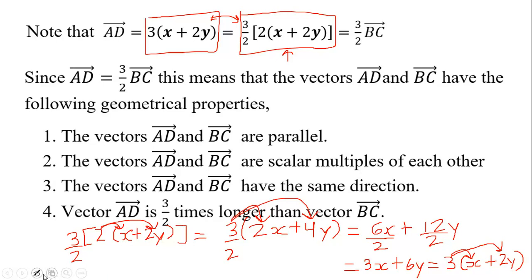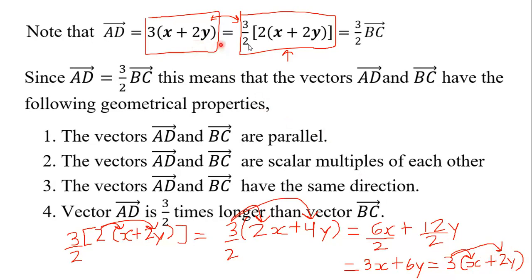And so what this means, and hopefully you can see it, is that this expression, 3 over 2 multiplied by this entire expression, is actually equal to 3 times x plus 2y. And that's exactly what we have here.